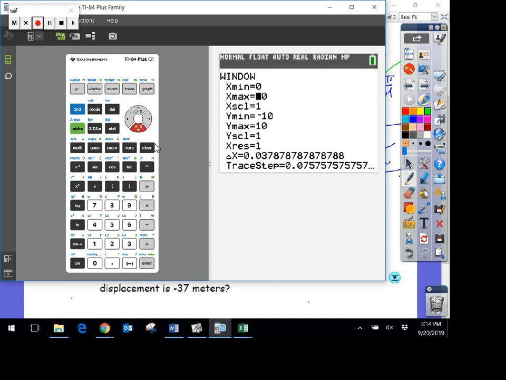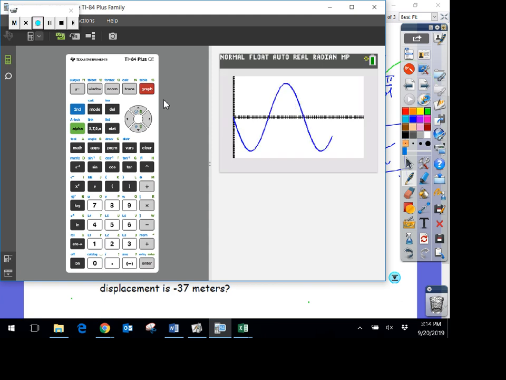On the graph we drew, the max was 54, so I'm going to make that bigger. I'm just going to make it 100. Then I need to see at least down to negative 50, so I'm going to make that negative 60. And at least up to 50, so I'm going to make that 60. And now when I graph it, I should be able to see the whole graph, and then some.